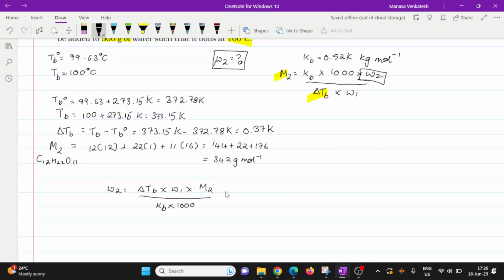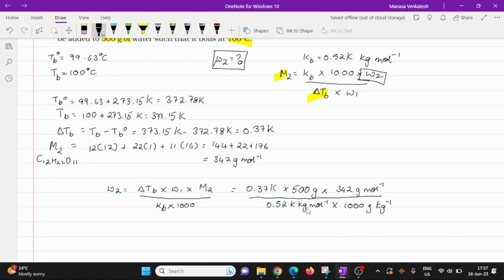So this is equal to delta TB, which is 0.37 Kelvin, into 500 grams, because that's the mass of water, into the molar mass of sucrose, which is 342 grams per mole, whole divided by Kb, which is 0.52 Kelvin kilogram per mole, into 1000 grams per kilogram.